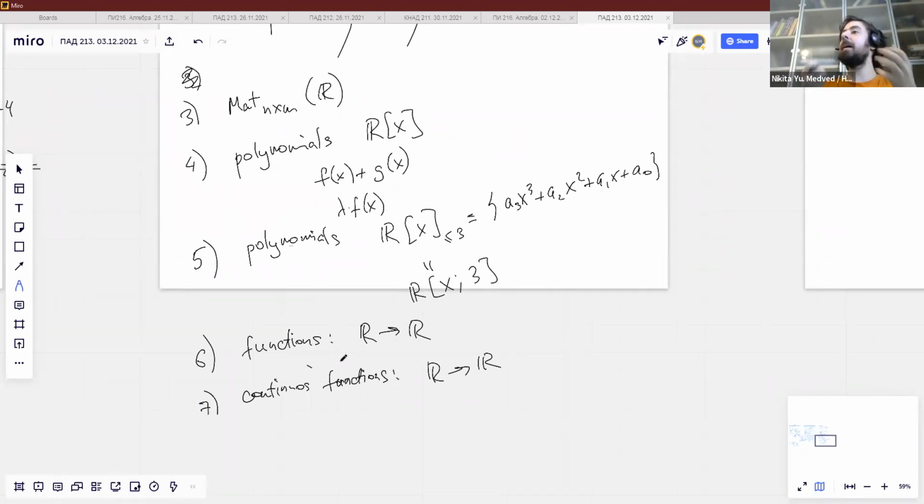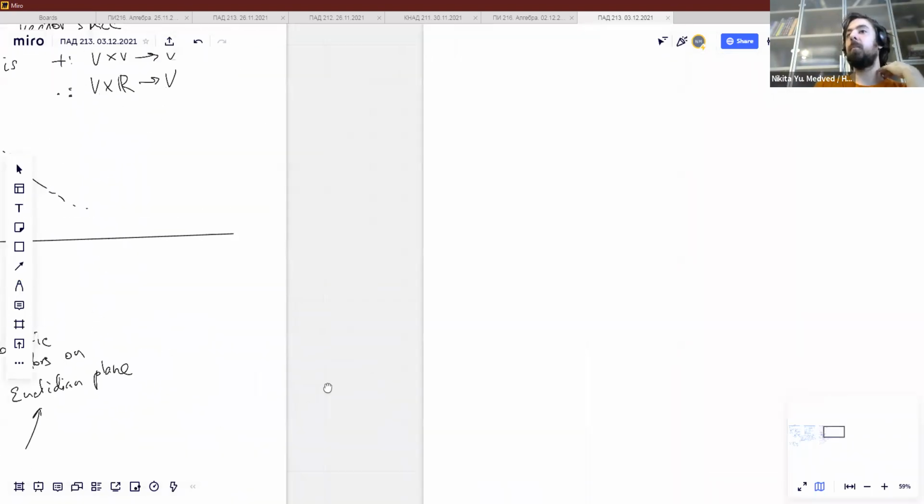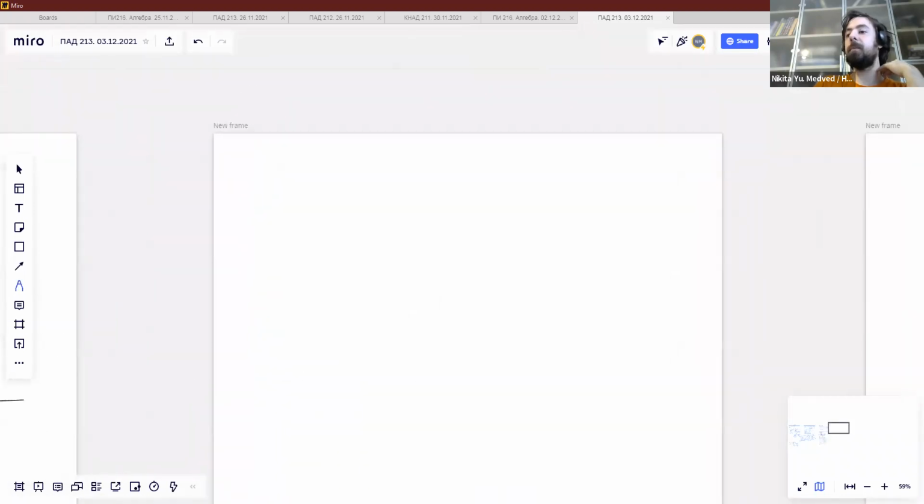This is the main idea of algebra, proving some general theorems that you can then use in different particular cases. So I hope I have explained, at least partially, why we have to discuss vector spaces. Now let's go to some more practical problems.